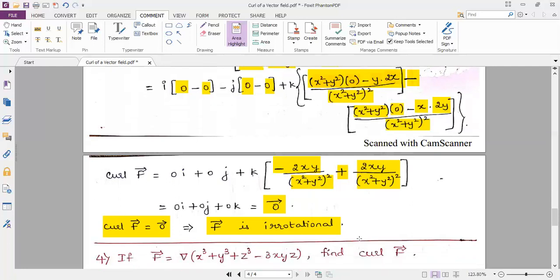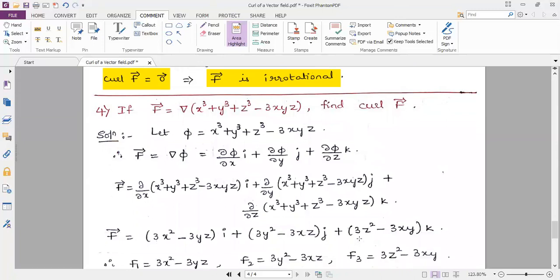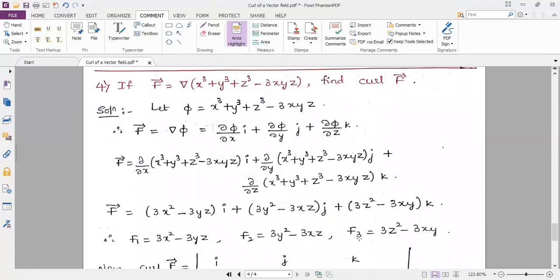Moving ahead, we'll see a problem based on finding curl f given the question in the form of gradient. So let's see how to do this. Given vector f is equal to gradient of x cube plus y cube plus z cube minus 3xyz, we need to find curl f, curl of vector f.